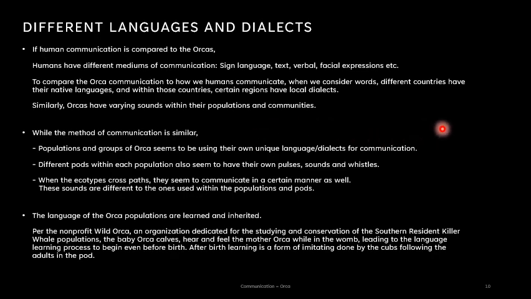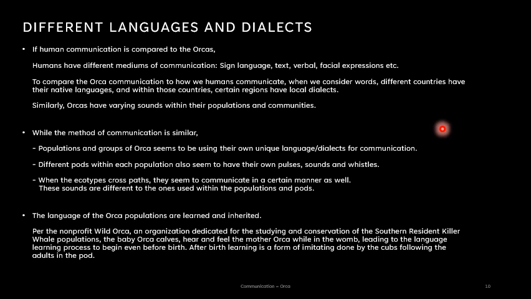Like we talked about before, humans have different languages and dialects, and just like that, orcas also have different languages and dialects. Think about different human countries. Think about the counterpart as different orca ecotypes. Doesn't mean they can't communicate.